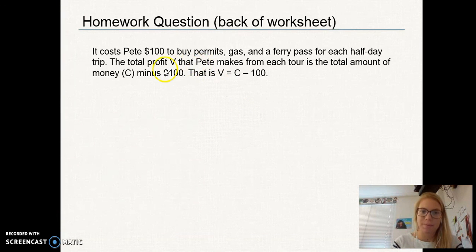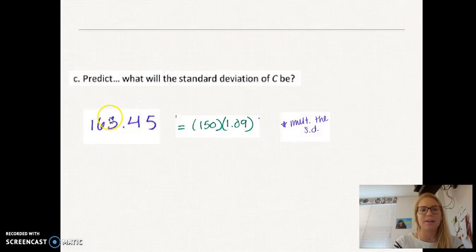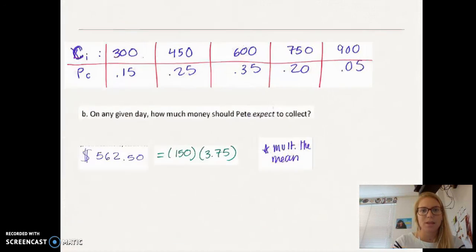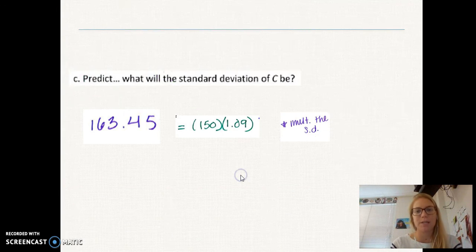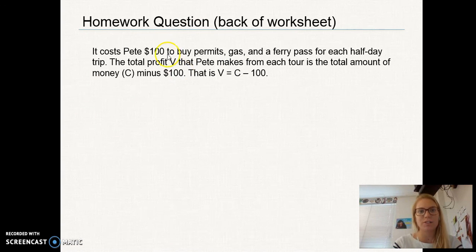The back of your homework paper has this question. I want you to look at his total profit. Even though he was getting $300 when he had 2 people, he still has to pay money to run the Jeep, to pay for gas and permits, so he's not profiting $300. He has to spend $100 just to run the tour.